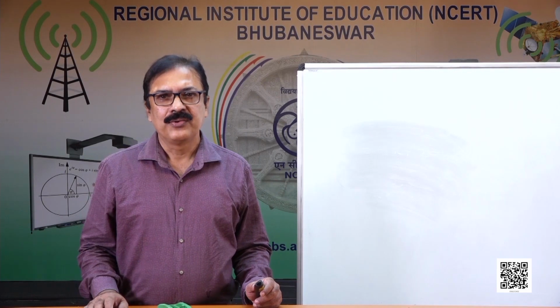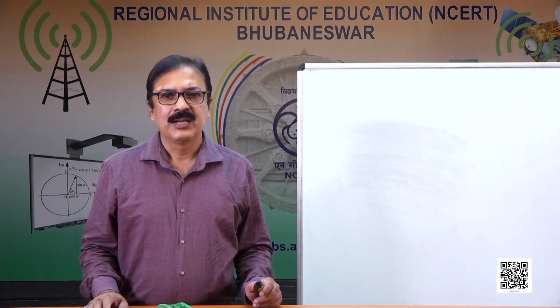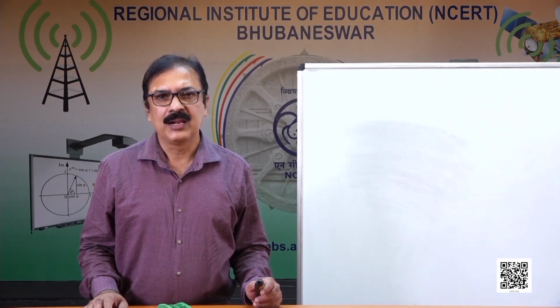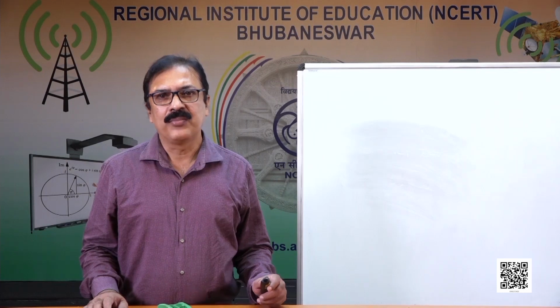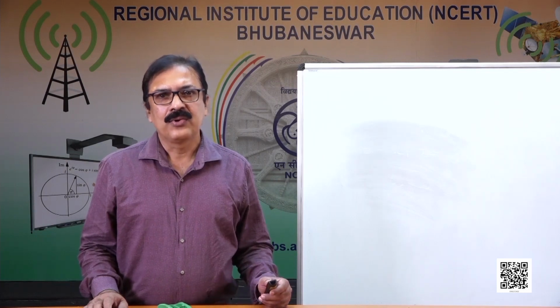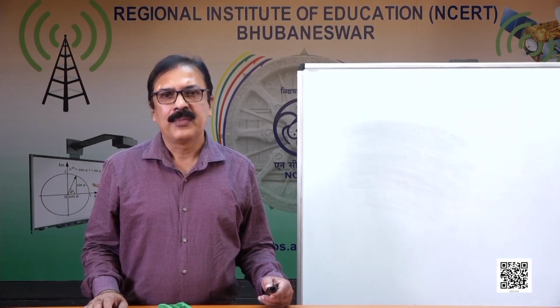Now in this session we will study the zeros of a polynomial. What do we mean by zeros of a polynomial? To know this we have to discuss some other things.